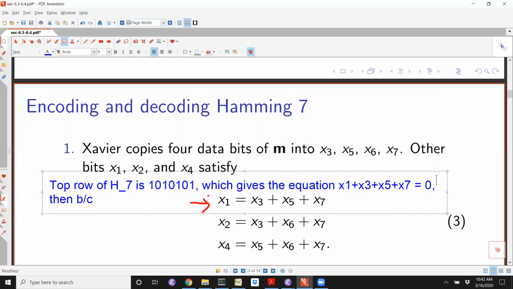Then because plus 1 equals minus 1 mod 2, we get that x1 is equal to x3 plus x5 plus x7.